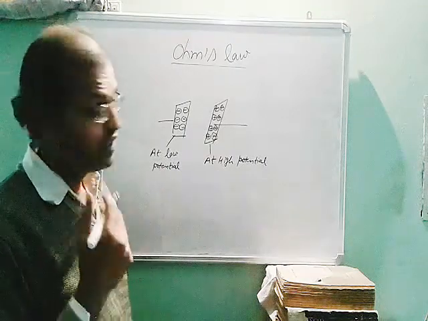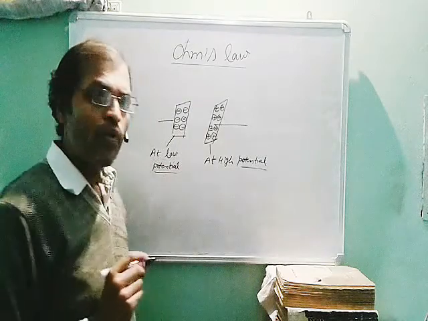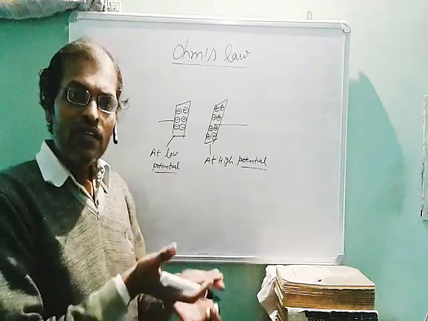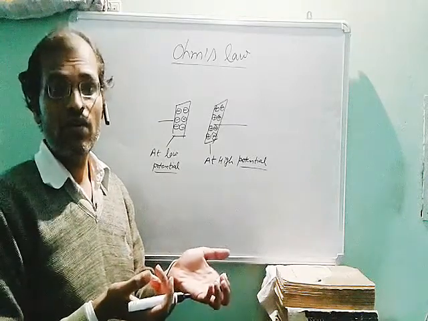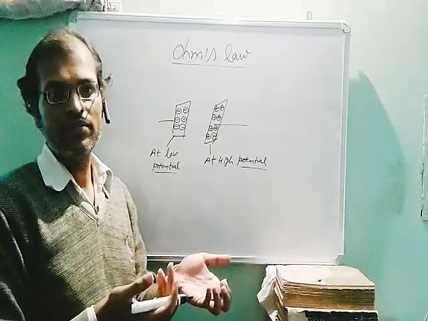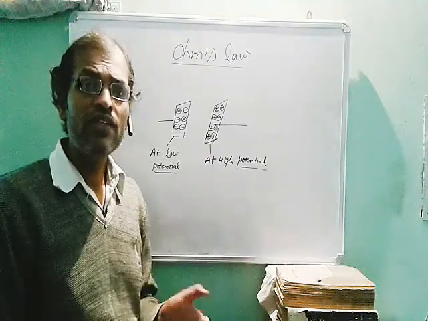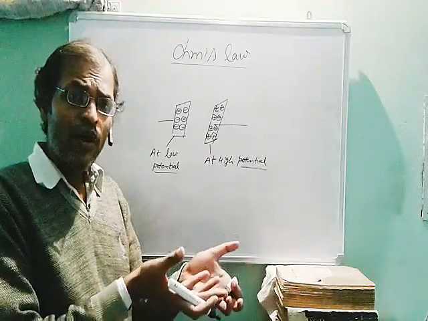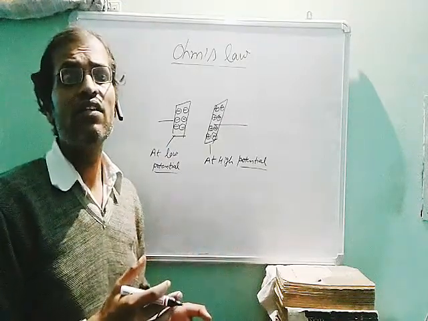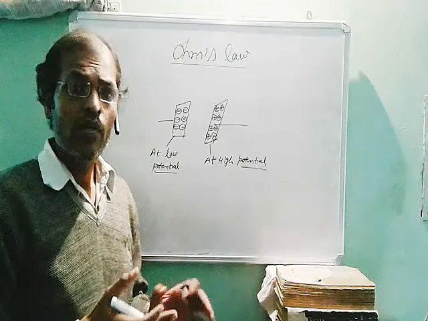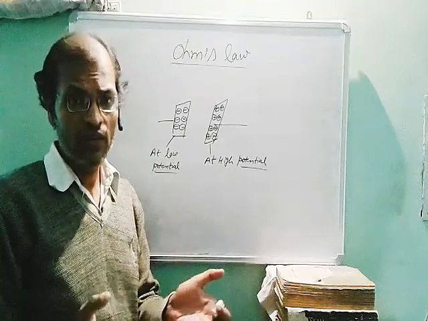Now the question is, what is the meaning of potential? Potential means the tendency to attract electrons or negative charge. This is a common definition of potential. Although this type of potential is considered reduction potential, reduction potential is more important than oxidation potential nowadays.